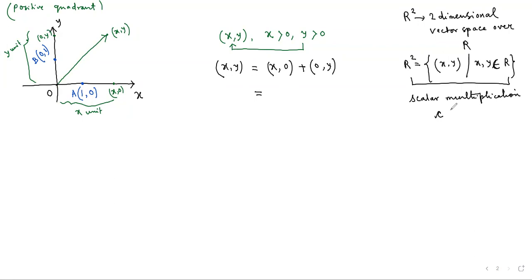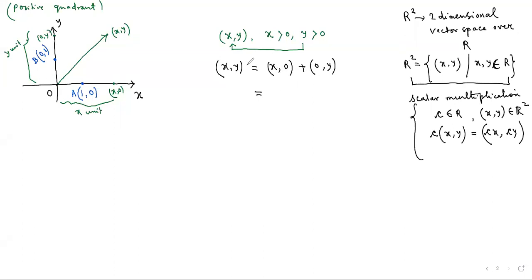If we take a scalar c belonging to R and a vector (x, y) belonging to R2, then c times (x, y) becomes (cx, cy). This is the definition of scalar multiplication on the two-dimensional vector space R2.